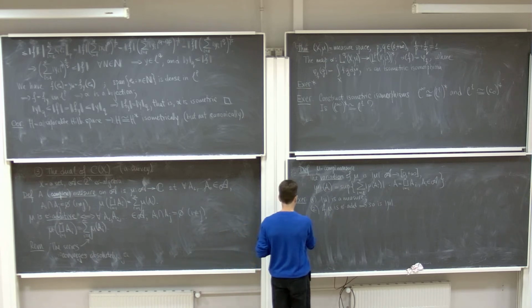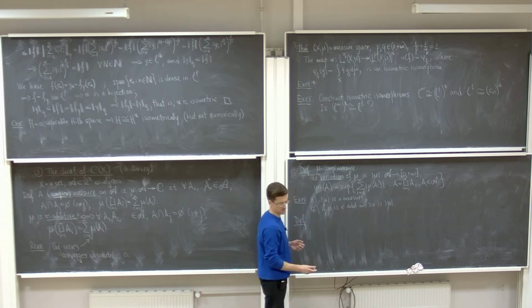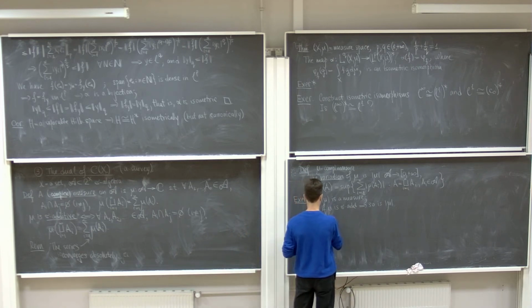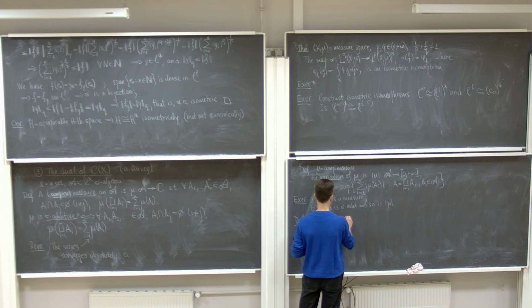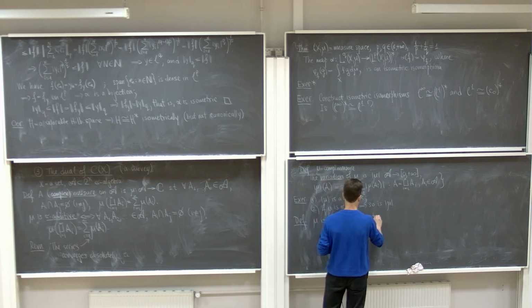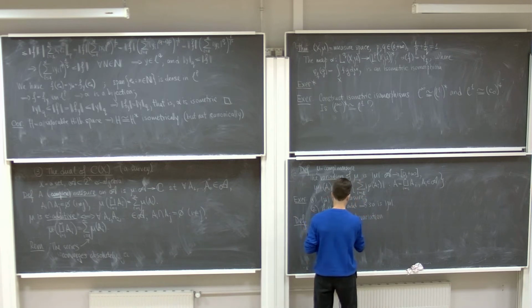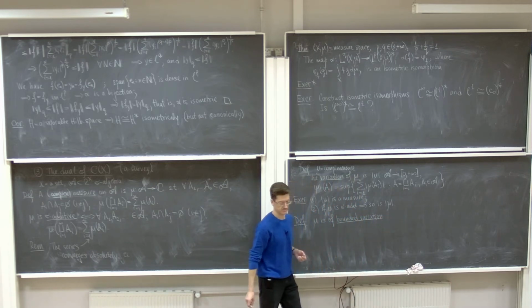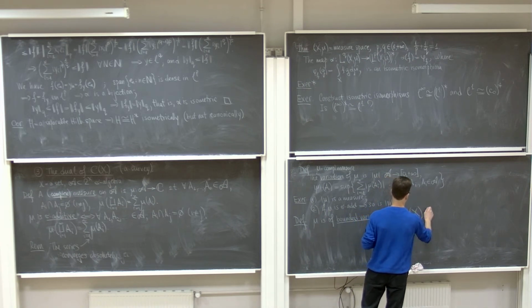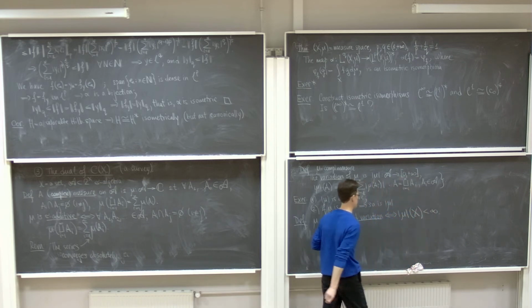Now we say that mu is of bounded variation if its variation is finite.